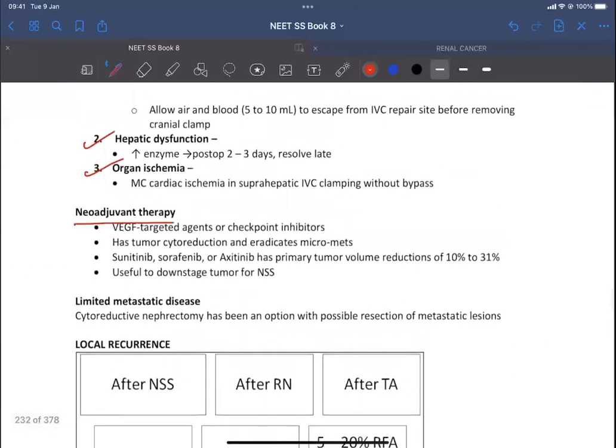So what is the role of neoadjuvant and adjuvant treatment? It is still investigational at the moment. For locally advanced tumors, there is no role for neoadjuvant or adjuvant therapy, and it's all only investigational.